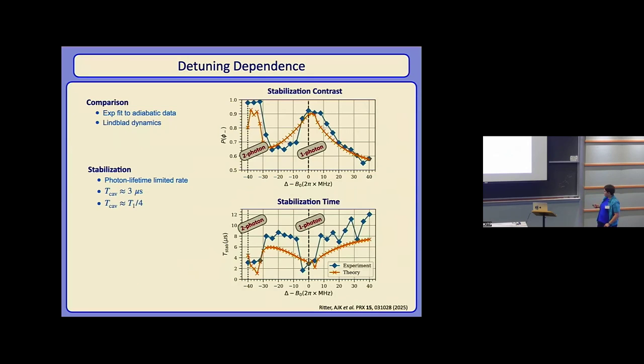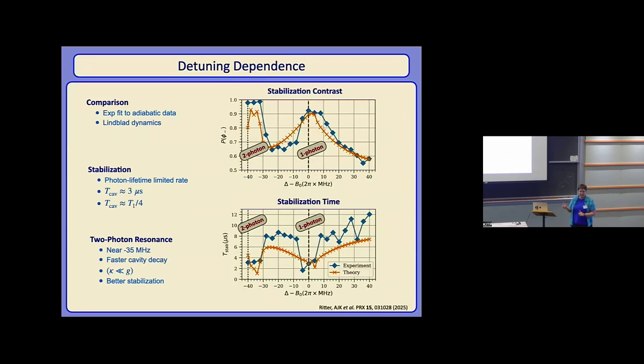But then we see this other feature over here, which is even taller, and this is actually a 2 photon resonance. So the Zeeman energy of the qubit is now equal to 2 photons in the cavity. Naively, you would think that this is not a good way to stabilize, because at first order, there's no Hamiltonian term coupling those. But this device was very much not designed for this experiment.